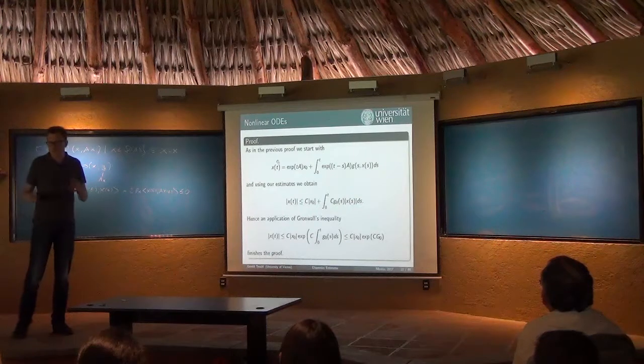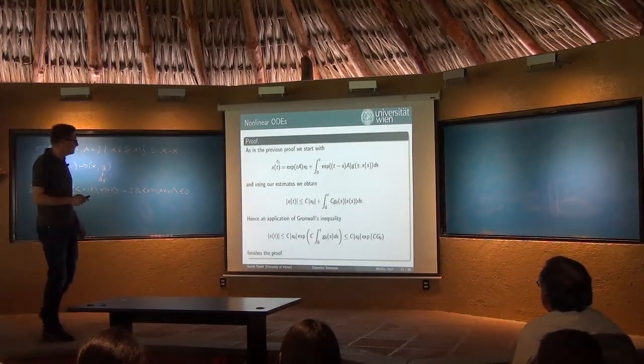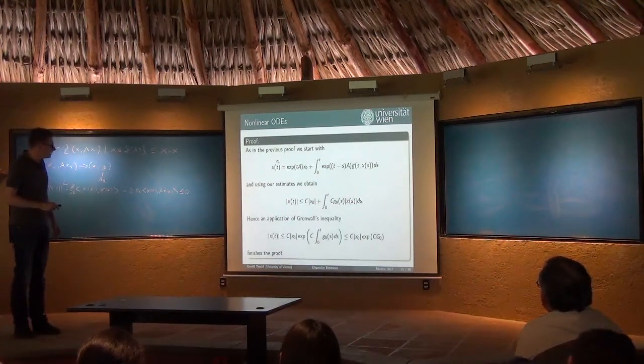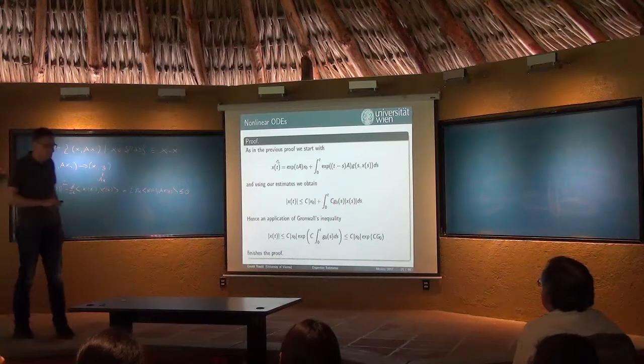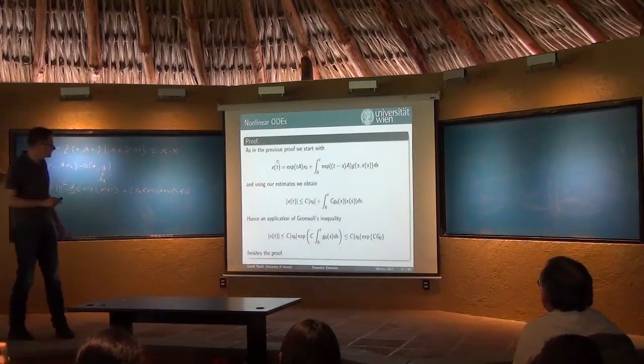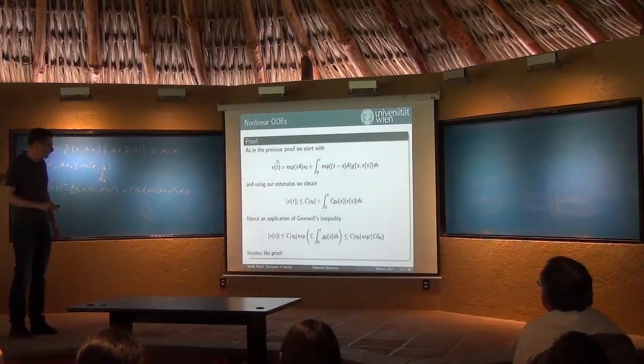And the proof is pretty much the same as we had before. We start with writing everything as an integral equation. We estimate everything just plugging in our corresponding estimates for the linear system and for the perturbation.